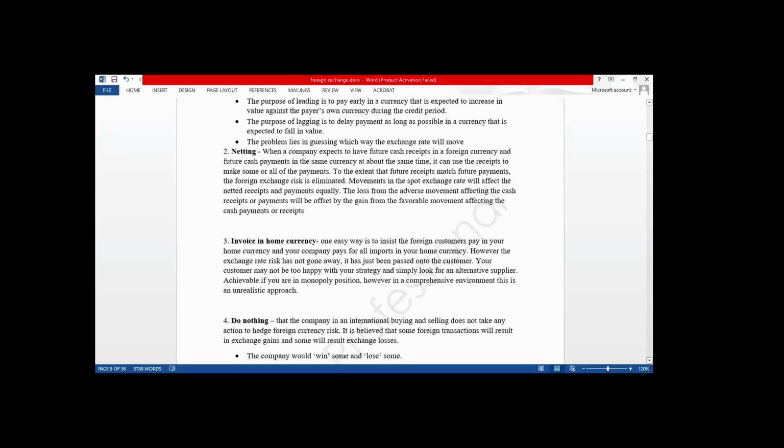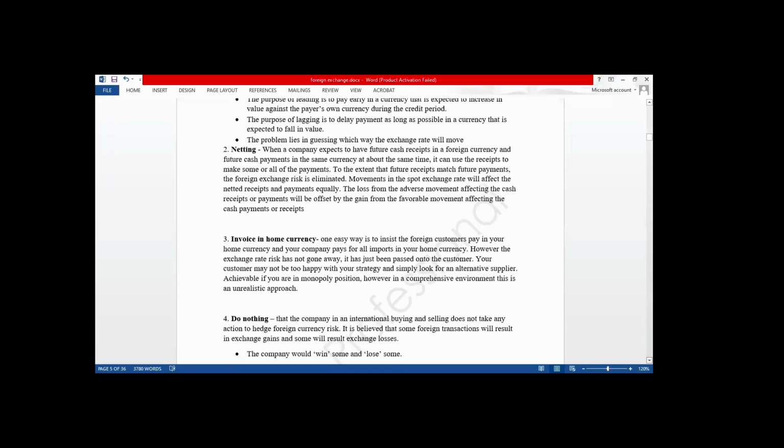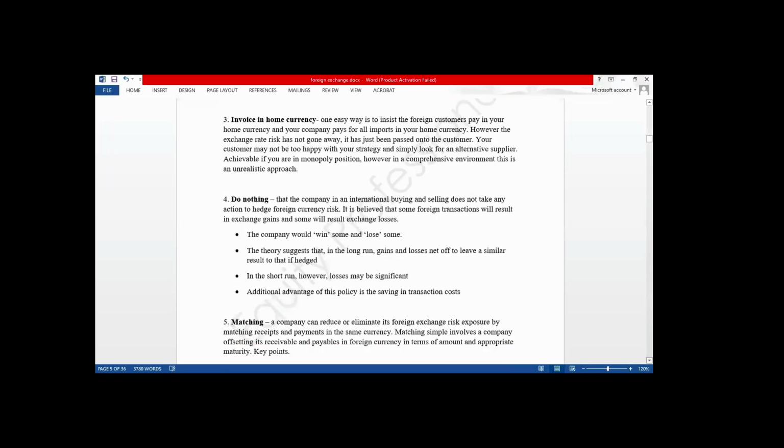Number 4, do nothing. That is, a company in international buying and selling does not take any action to hedge foreign currency exposure or risk.